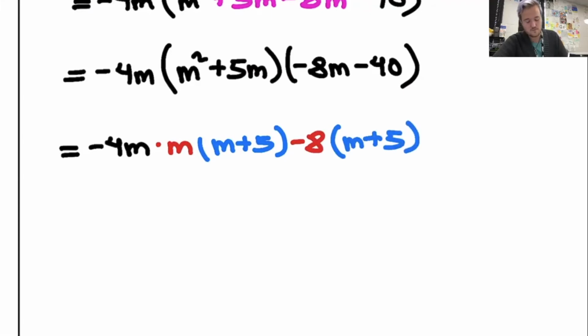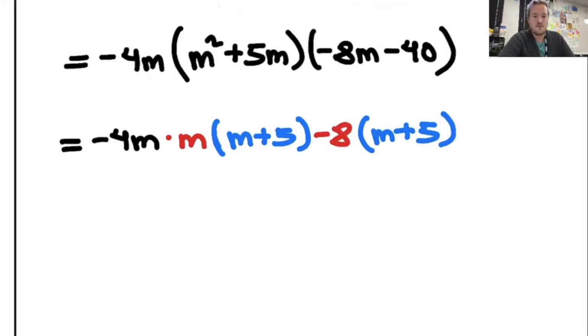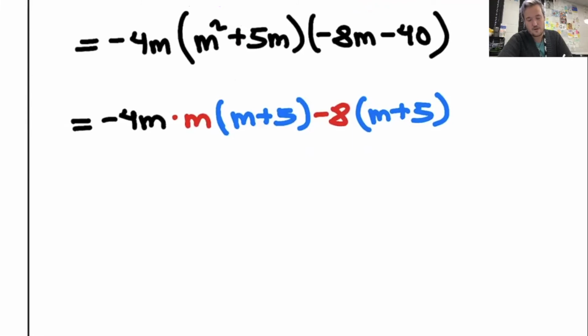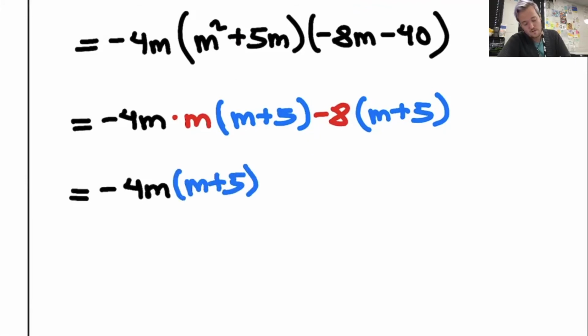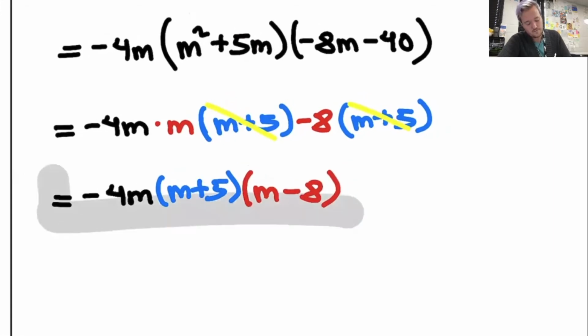So remember, those binomials in the parentheses, they have to be the same. All right, so I'm going to take out the binomial in blue. So I'm going to have negative 4m parentheses m plus 5. So those are gone. And then I'm going to have the value m minus 8. So this is your final answer.